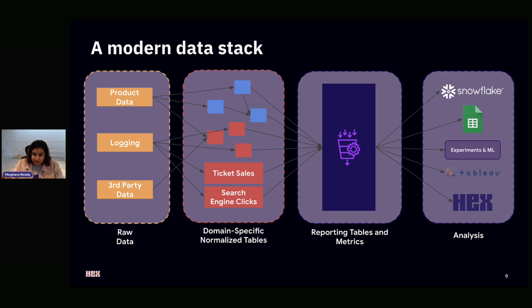Ultimately it's served through analysis, whether that's Snowflake, where even just using Snowsight and their UI has been extremely powerful, or for those who love Excel, it's going to outlive us all, so no hate there. Or Tableau or our experimentation platform, or of course Hex.